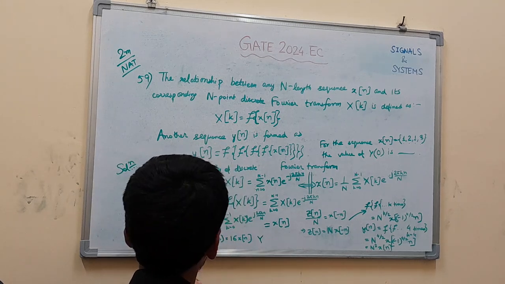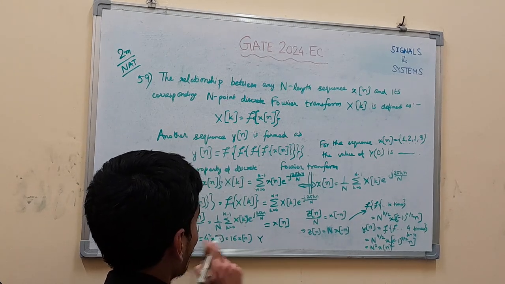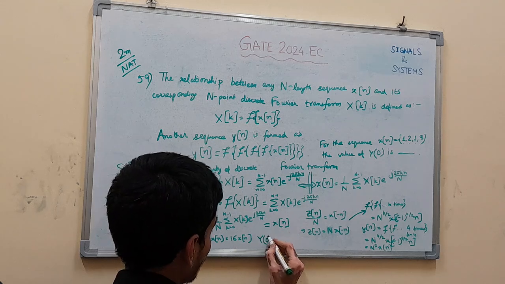Fourier transform of y of n at k equal to 0.